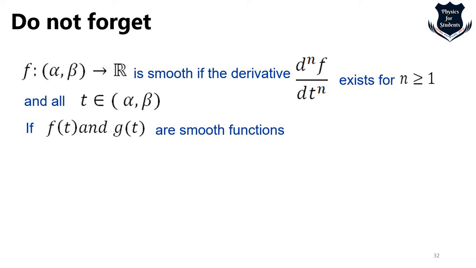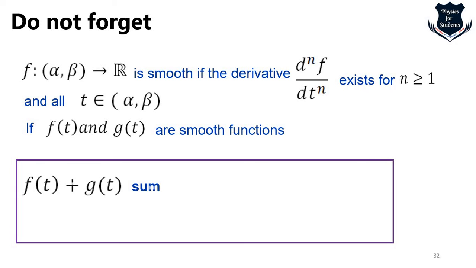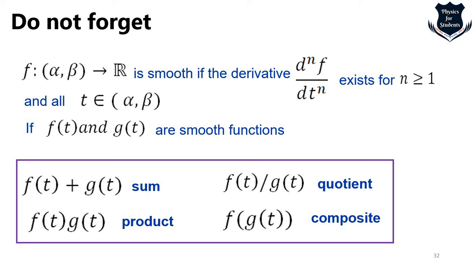We get the results from standard calculus: the sum, the product, the quotient, and the composite, right? So this is just a note that when this function is mapping here and is smooth if the derivative exists, and f(t) and g(t) are smooth functions, then what we get are the standard results of calculus, the sum, product, quotient, and the composite one.